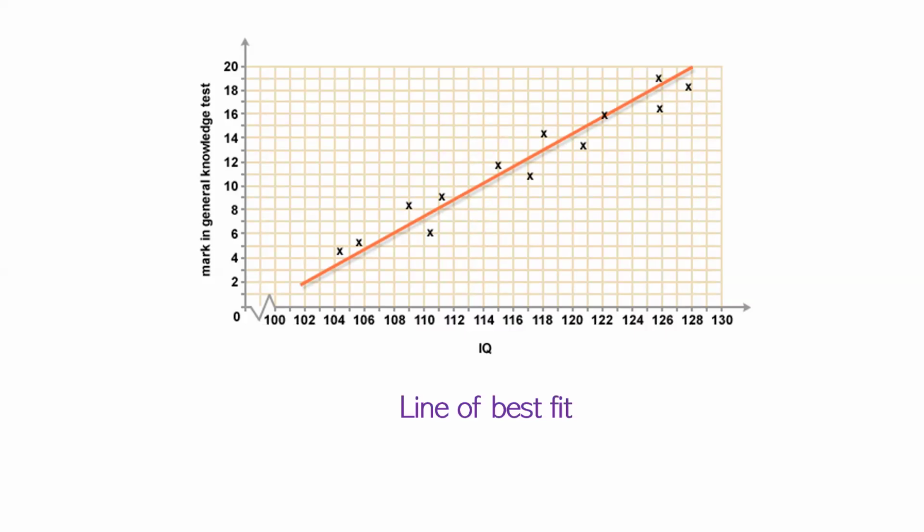This best fit line shows that as IQ level is increasing, marks in the general knowledge test also increase. Even though they're not related, again, it's not a rule that someone with a high IQ can be good in general knowledge.